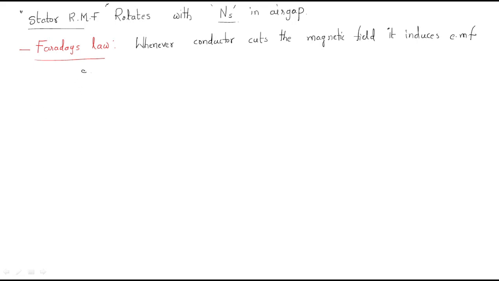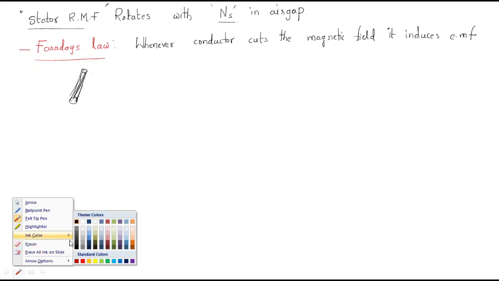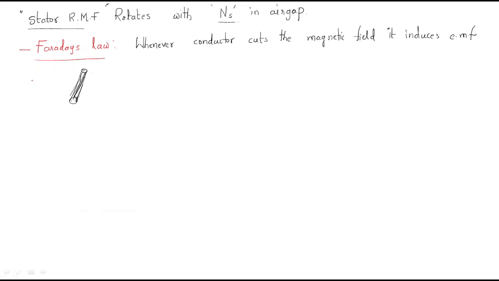For example, we have a conductor, a copper wire or aluminum wire, and we have some flux lines. We are creating a north pole and a south pole here. Always flux lines travel from north pole to south pole.